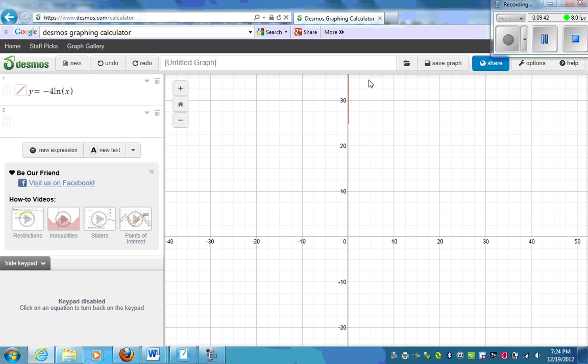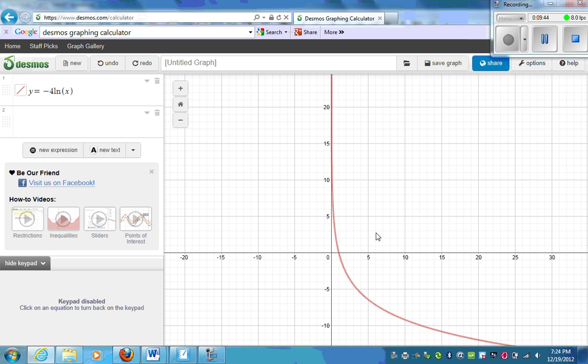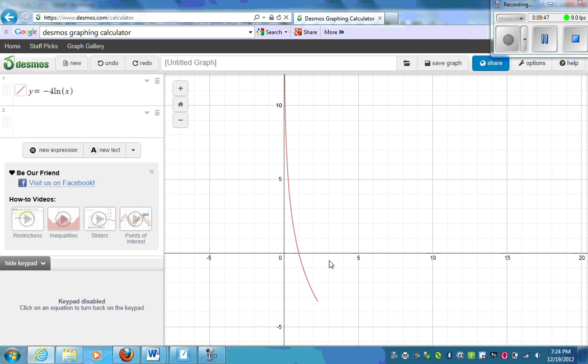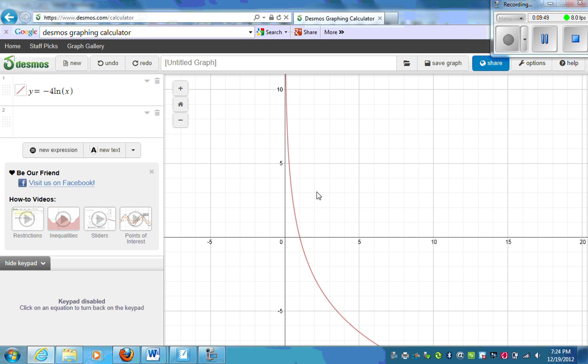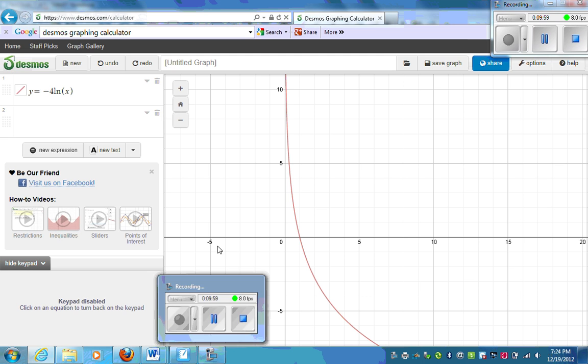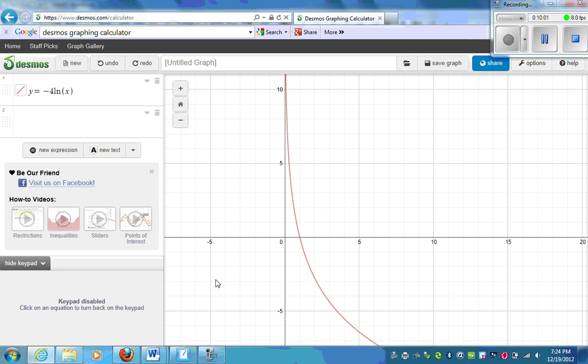You'll notice that the x-intercept is still 1. We have no y-intercept. Our domain is x greater than 0. Our range is all y. Our end behavior, since we're reading from left to right, now it's from quadrant 2 to 4 instead of 3 to 1. So that's the only change, is now it's decreasing.